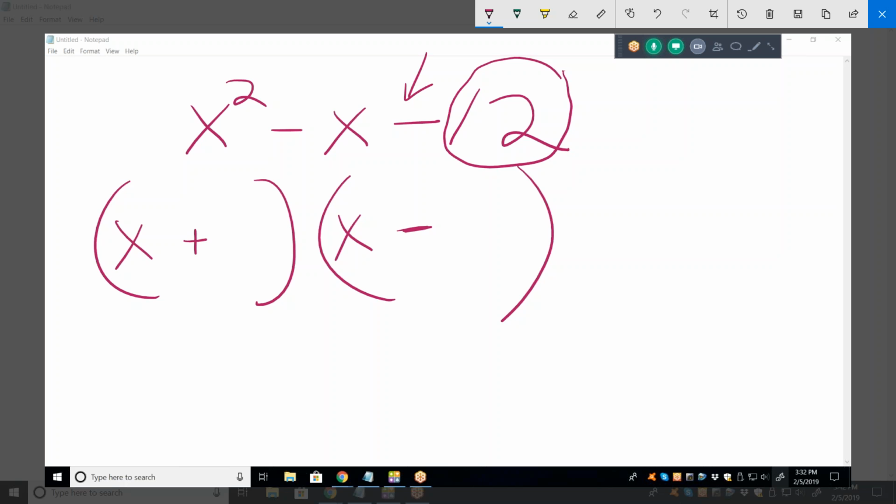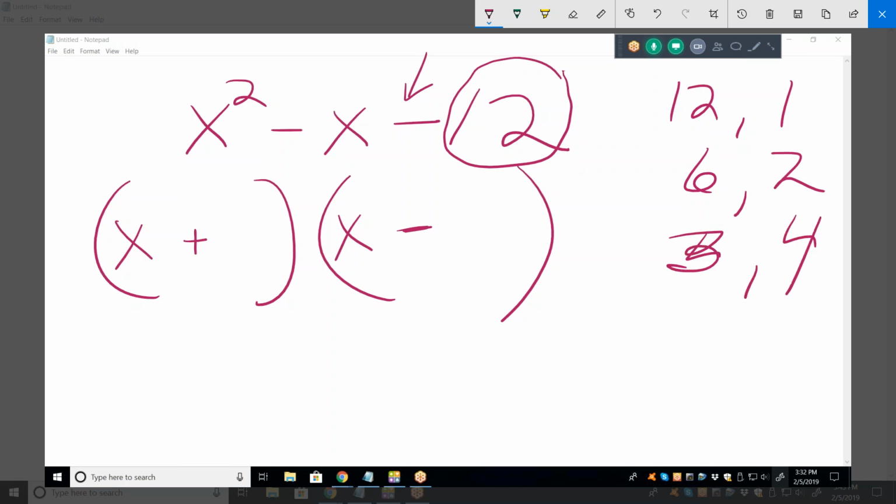So whatever the sign is, they either need to add to that coefficient or they need to subtract that coefficient. Well, let's look at the factors of 12. Which factors subtract to 1? 3 and 4.